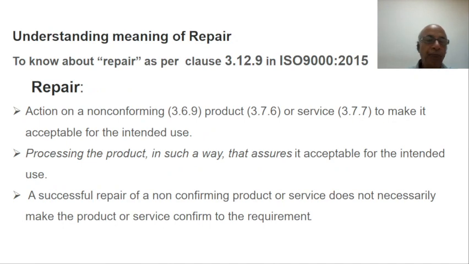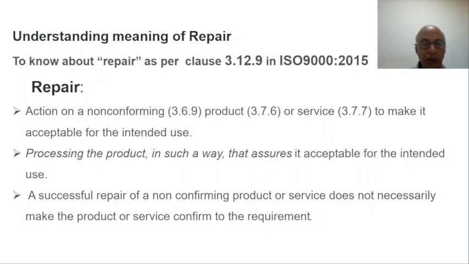So first of all, we need to understand what is repair as per ISO 9000:2015 clause number 3.12.9. What it says: repair is an action on a non-conforming product or service to make it acceptable for the intended use. So we do processing in such a way that ensures it is acceptable for the intended use.